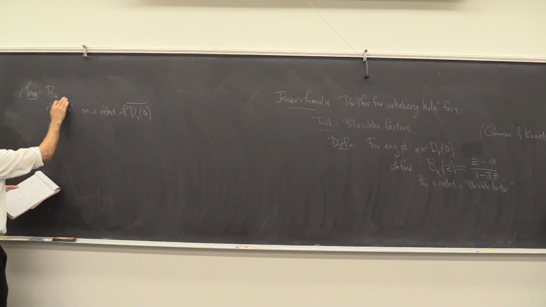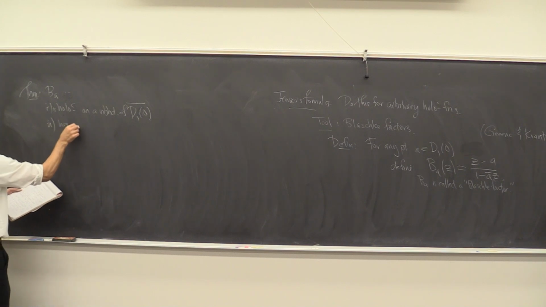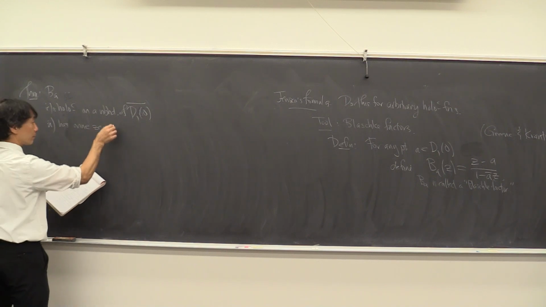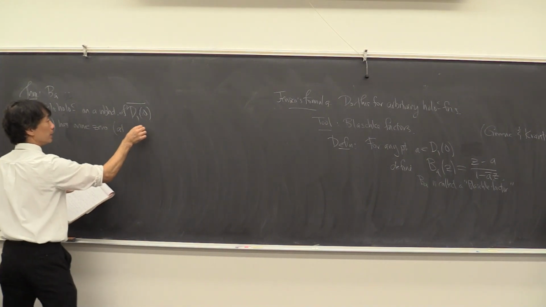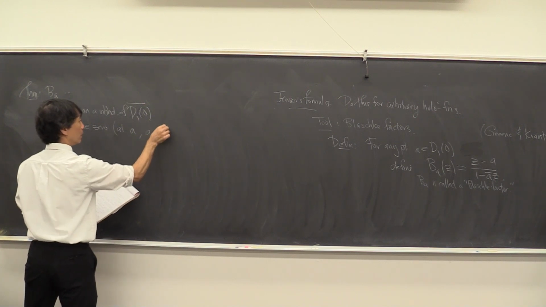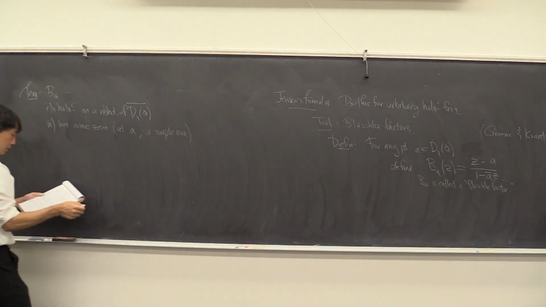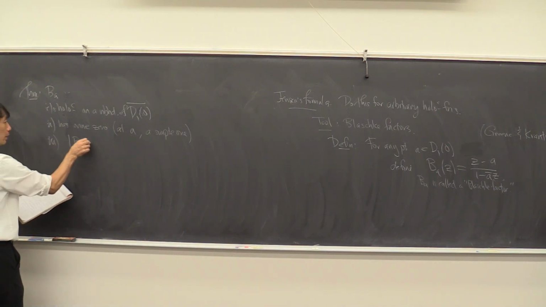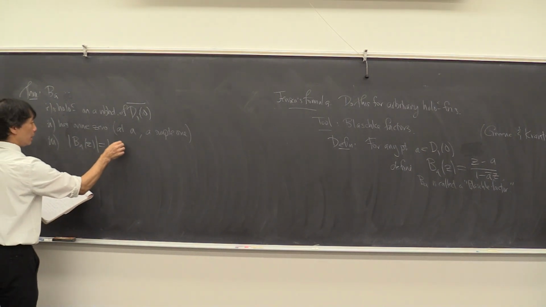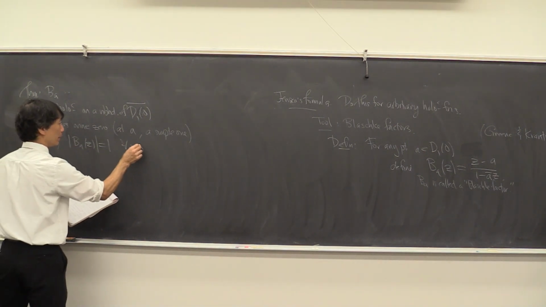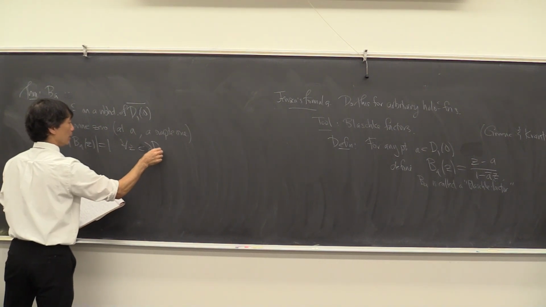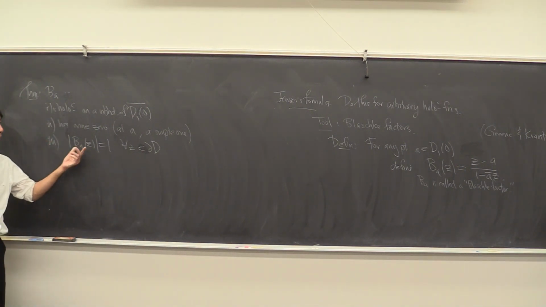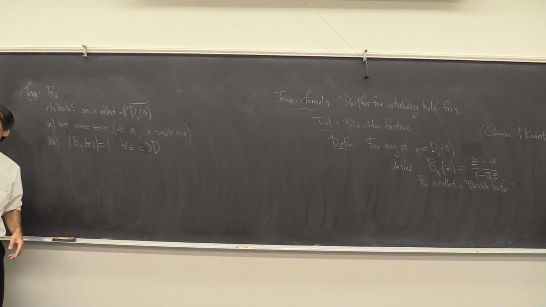Two, they have one and only one zero at A, and it's simple. And three, the size: if you take a point on the boundary of the unit disk, then B sub A maps that again to the boundary of the unit disk.